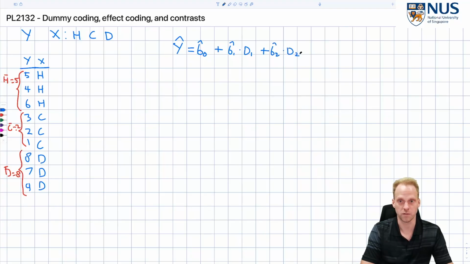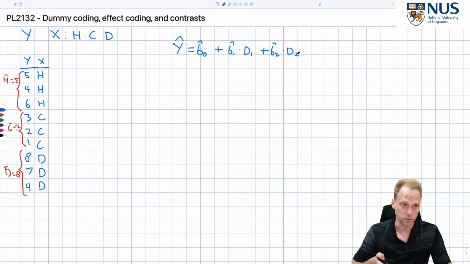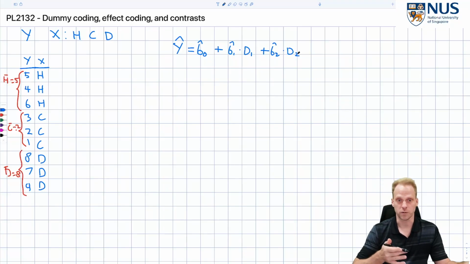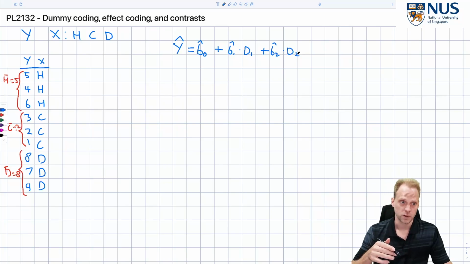the second dummy variable. A dummy variable, in this case, is just a new variable that we make that is a number that we encode in some way, such that if you're in one group, you always get the same value on the dummy variable. Every hamster will get the same value on dummy variable 1 and the same value on dummy variable 2.